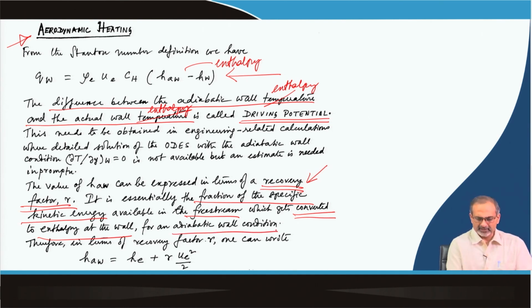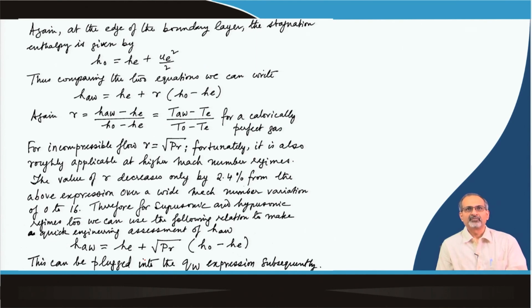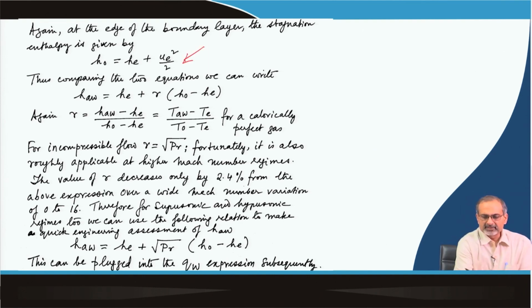So, when you plug in the recovery factor, it basically gets clubbed with the free stream kinetic energy in a specific sense. So, you see that R is going to play a role in determining what the adiabatic wall enthalpy level will be, and the stagnation enthalpy is of course the driving factor that is given by this relation in terms of static enthalpy and the kinetic head.